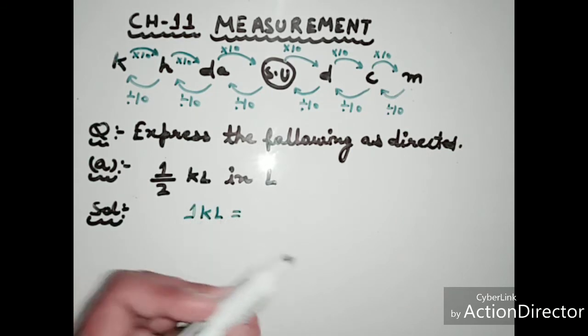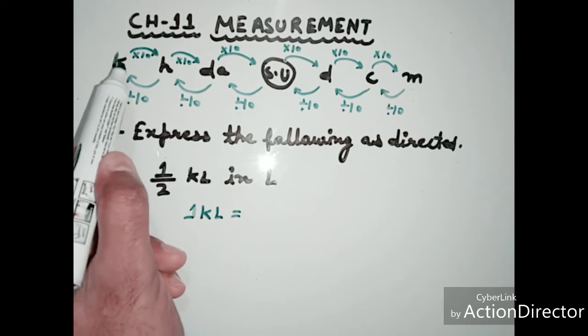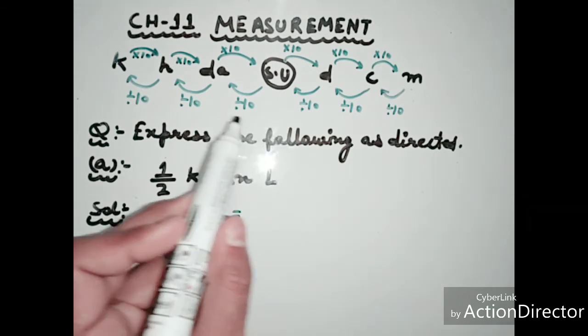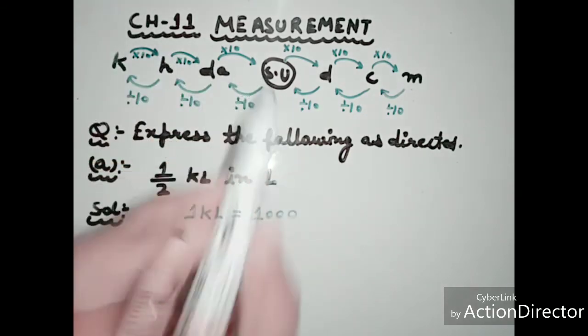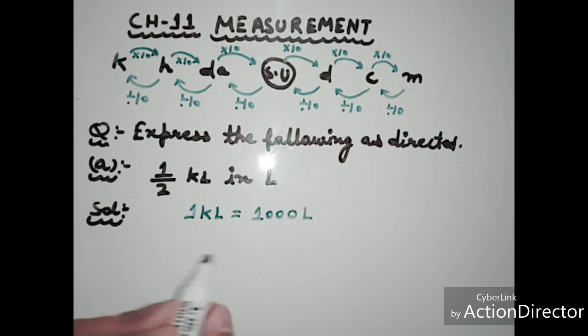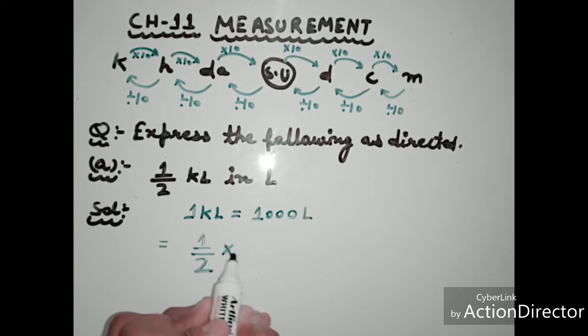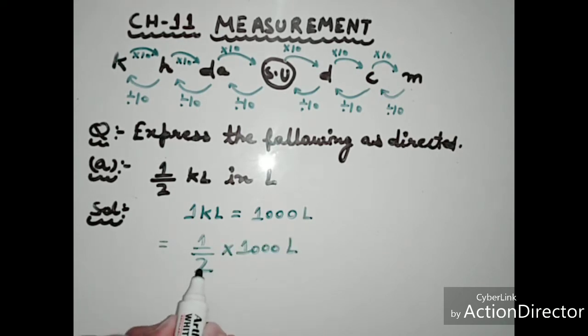So 1 kiloliter equals, kiloliter is here and it shifts 3 places to the right hand side, higher to lower. So 1 kiloliter equals 1000 liter. After that multiply 1/2 kiloliter by 1000 liter. 1000 divided by 2, 2 ones are 2 and 2 fives are 10, 500 liter. So half kiloliter equals 500 liters.